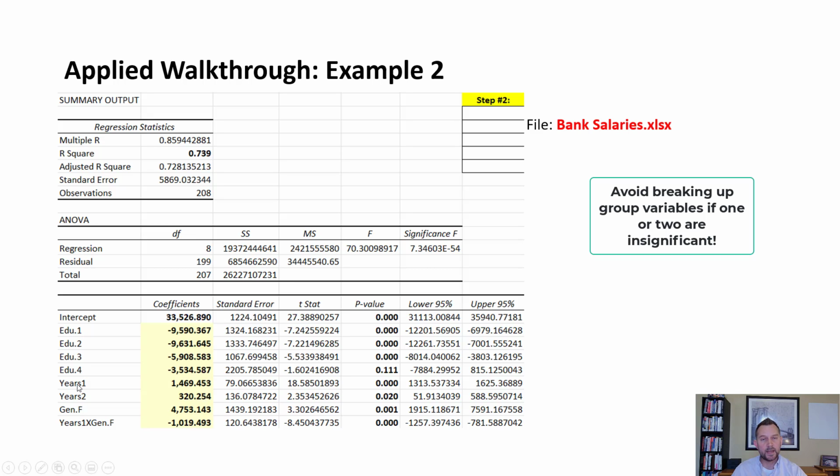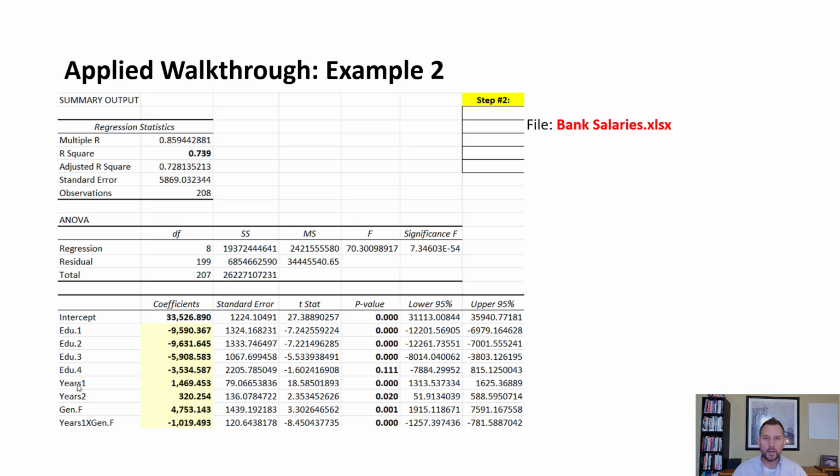So that gets back into number 4 on the guideline. When an independent variable is part of a group, we try to keep them all together. Now, if we had, there's 5 in here, right? So the reference variable of 0, 0, 0. If we had 3 of the 4 that are showing, giving us high p-values, we probably would consider removing the group.